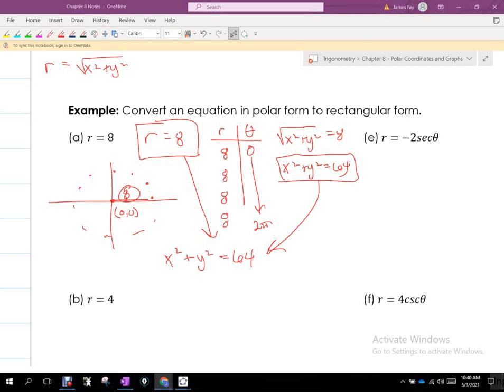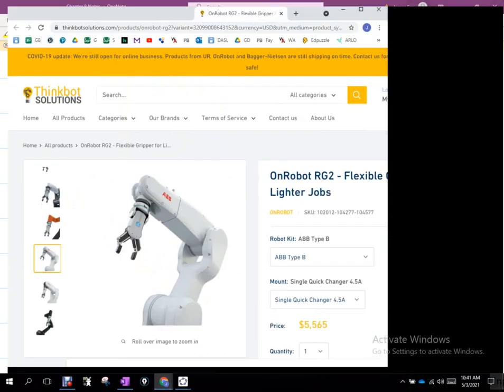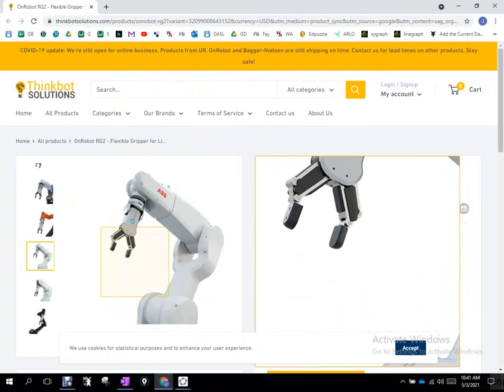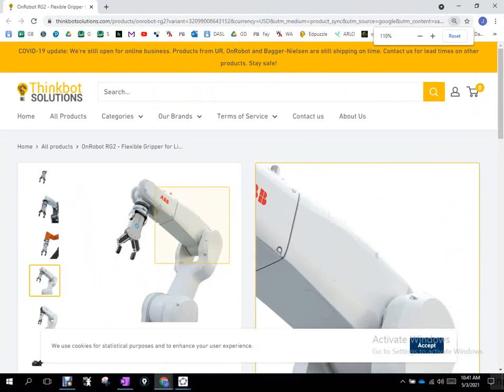And I would argue that maybe it comes into use when we are doing programming of robotics.